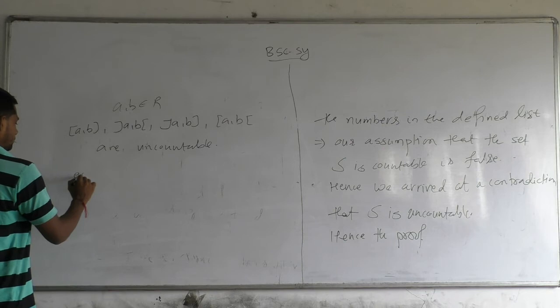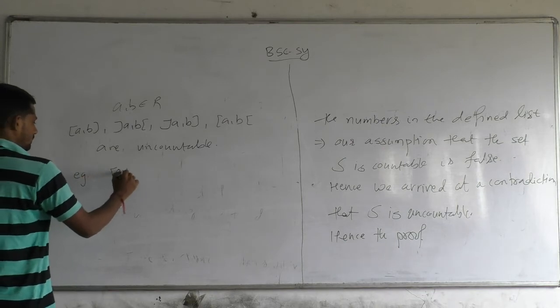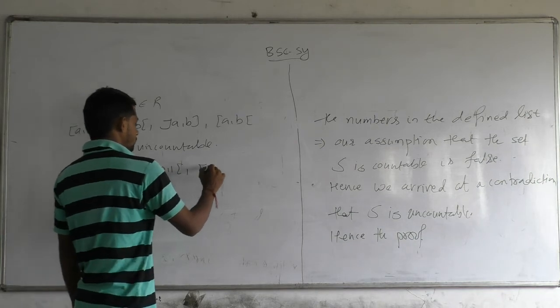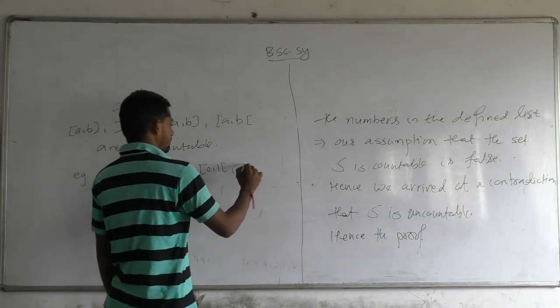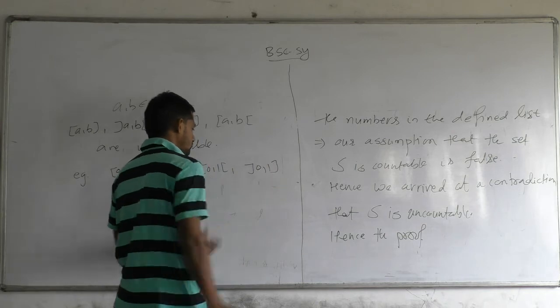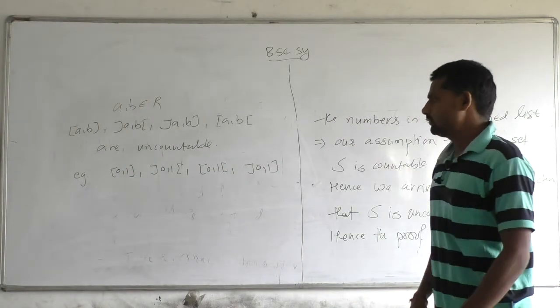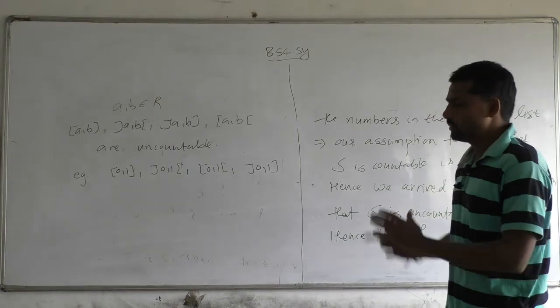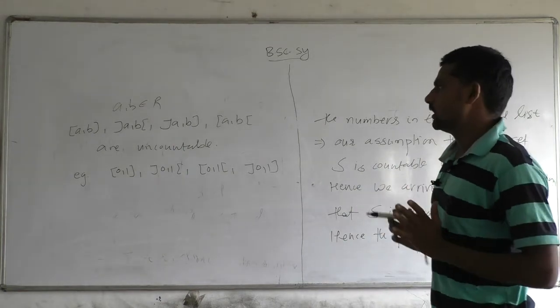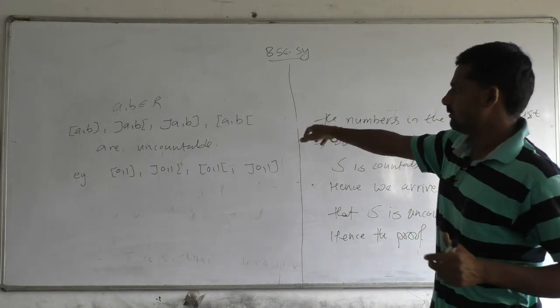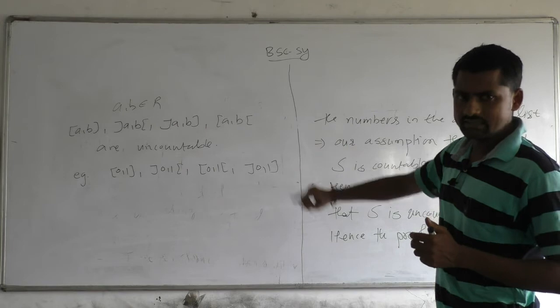For example, the closed interval [0, 1], the open interval (0, 1), and the semi-open interval [0, 1). So all these intervals are uncountable. That is, if a, b are any two real numbers, then each interval that you have written is uncountable.